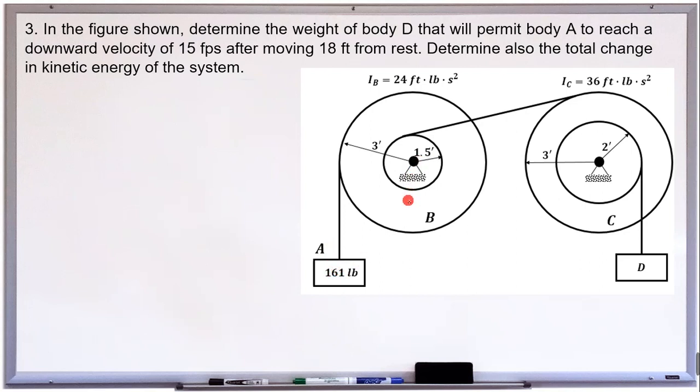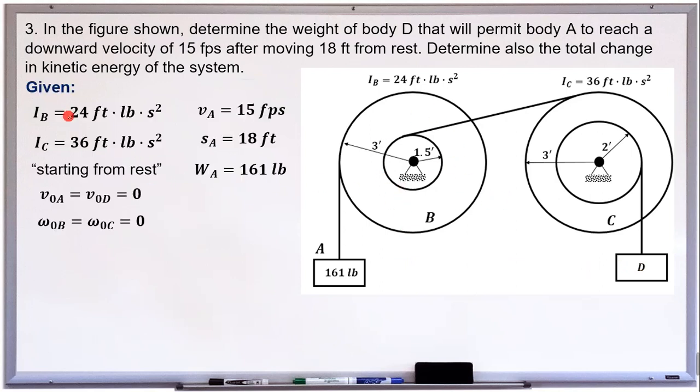Now, our cylinder B only rotates with respect to this center point, so the type of motion here is rotational. Same goes with our cylinder C. And then our block D only moves on a vertical axis, so the type of motion is translational. So we have two translational motions and two rotational motions.